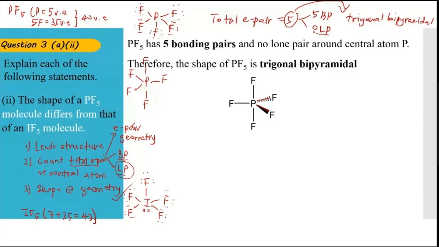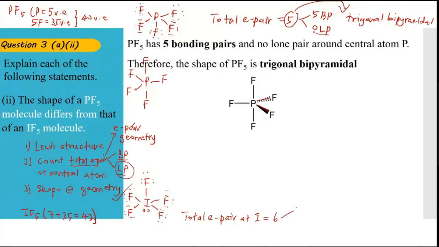All right. So total electron pair at I, you must always look at the central atom. 5 plus 1, 6.